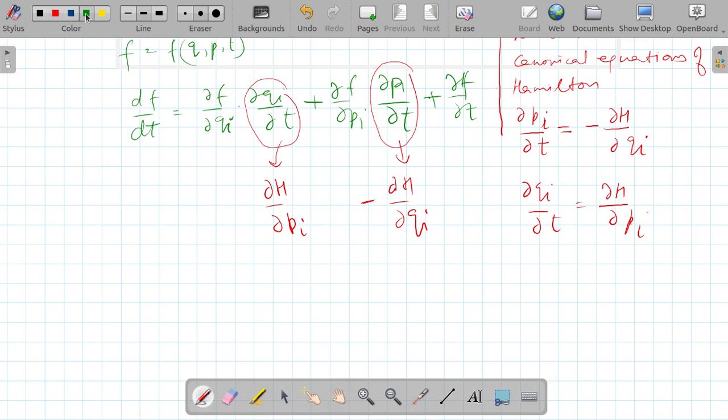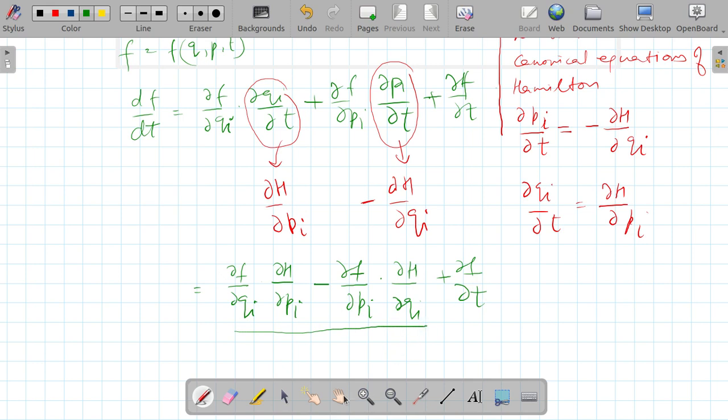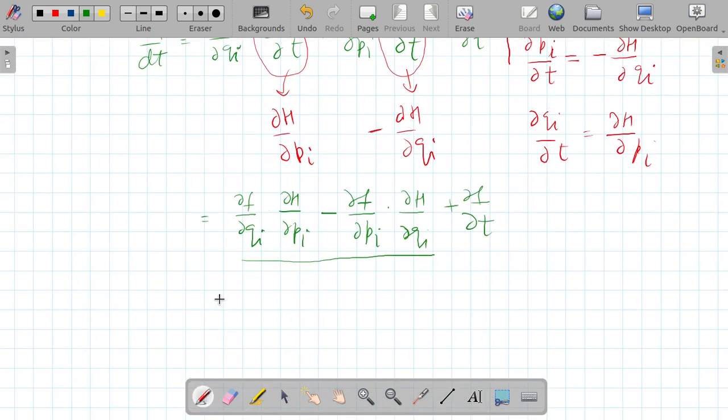If I use these results here, I get ∂F/∂Qi times ∂H/∂Pi minus ∂F/∂Pi times ∂H/∂Qi plus ∂F/∂T, and this is like a Poisson bracket of F and H. So dF/dt can be written as the Poisson bracket of F and H plus ∂F/∂t, right?